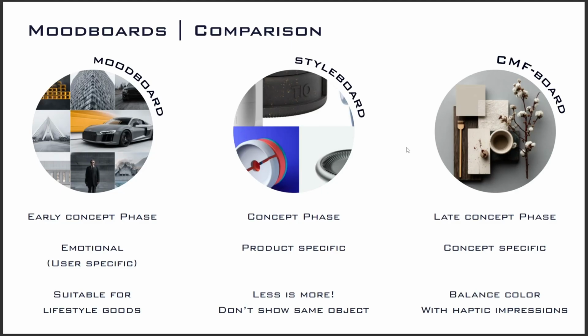And this one is very suitable for lifestyle goods in the domain of industrial design that have already inherently more emotional value, like audio, right? Very emotive. Fashion, like shoes. There you can really create a mood board that communicates a lot. Sports, athleticism, like all these things, right?